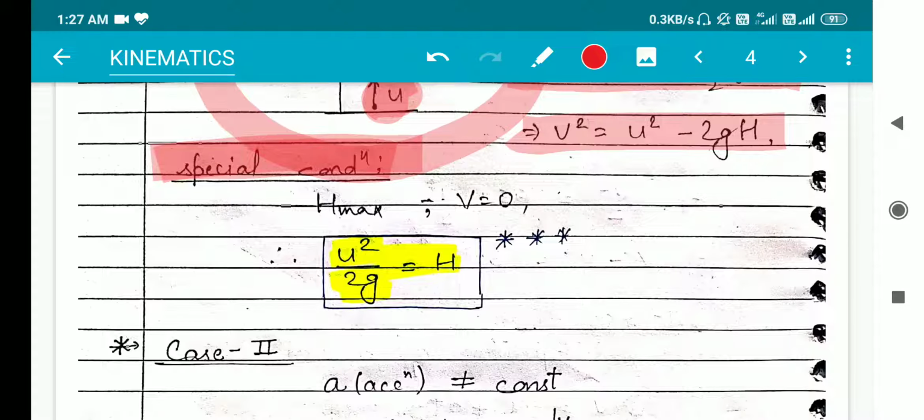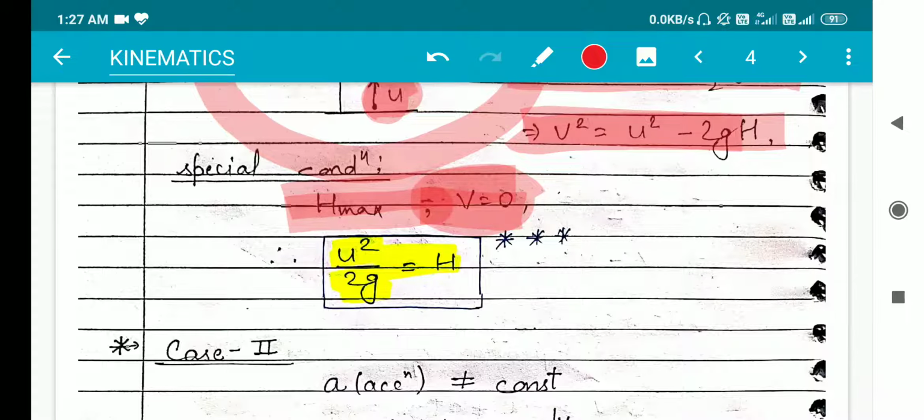In many examinations it is asked what the maximum height achieved by the ball will be. When the ball achieves the maximum height, at that time the final velocity becomes 0. So we can put v equal to 0 in the third equation, and we get that the maximum height achieved will be u square by 2g.